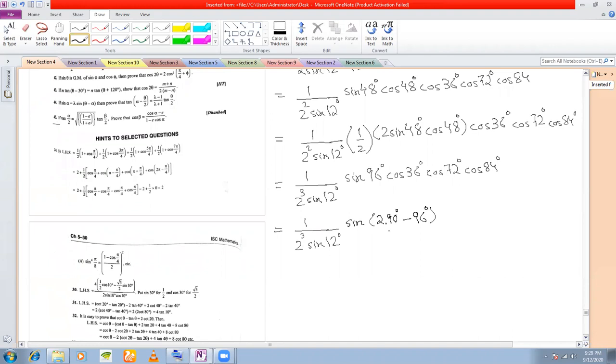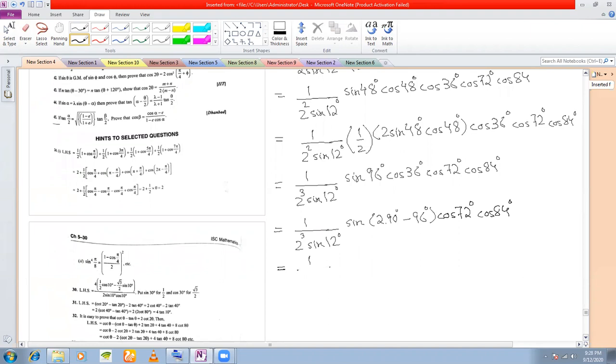Angle in the second quadrant, sine is positive, even multiple, so sine remains sine. Then cos 36°, and the others you write as they are: cos 72°, cos 84°.